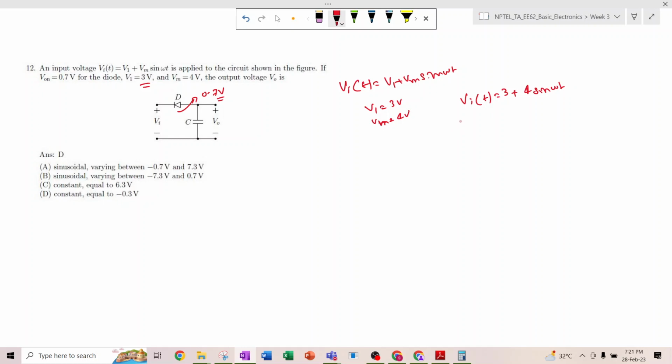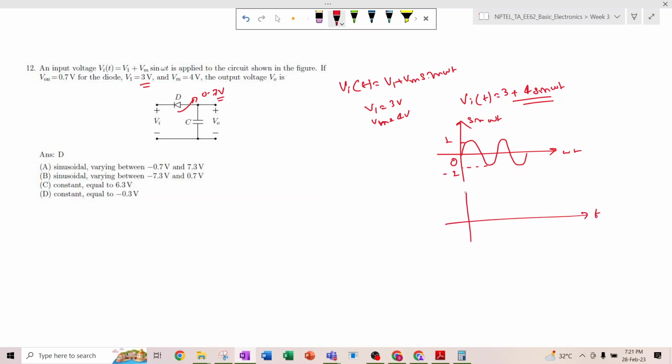So how to draw this graph, 3 plus 4 sine omega t? This is basically a graph of sine omega t with respect to omega t. It varies from 1 to minus 1, right?